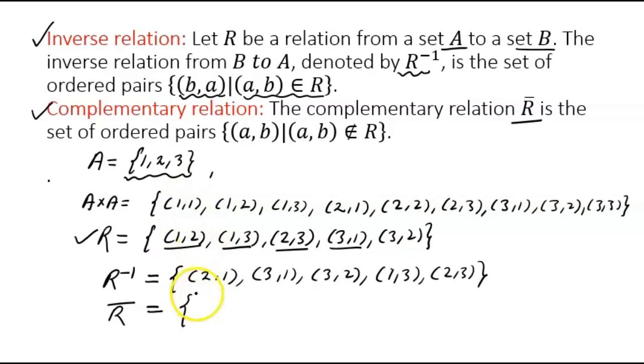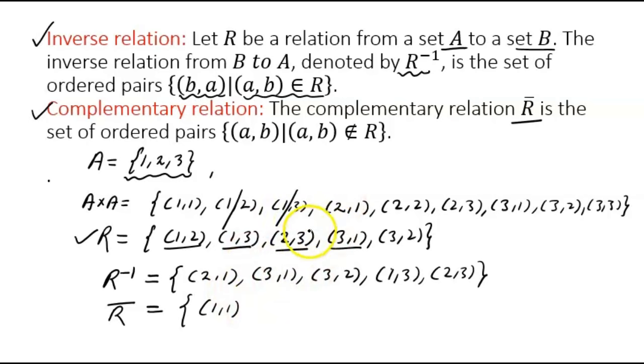This is 1 comma 1, because in A cross A we have 1 comma 1, so I am writing 1 comma 1. 1 comma 2 I can't write because 1 comma 2 is present, so I won't write it. What about 1 comma 3? 1 comma 3 is also present in R, so I won't write it.